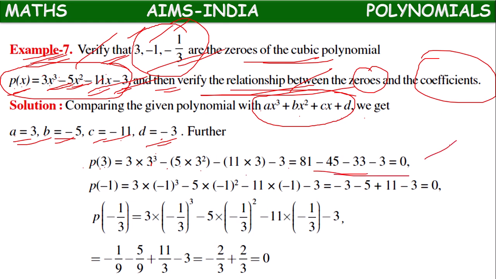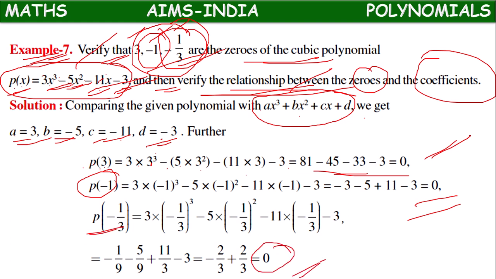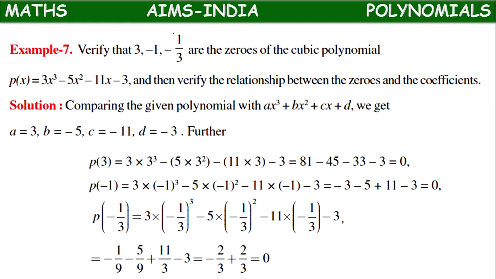After simplification, we are getting 0. If we substitute minus 1 also, we are getting 0. If we substitute minus 1 by 3 also, we are getting 0. So what is proved? The given 3 values are the zeros of the cubic polynomial, because when we substitute in the cubic polynomial in the place of x, we are getting zero in all 3 cases. So these 3 are the zeros of the cubic polynomial.